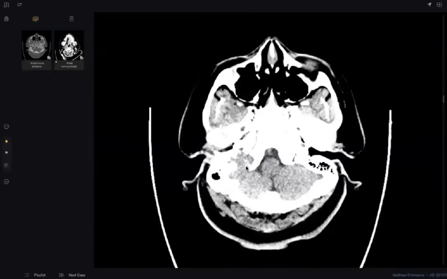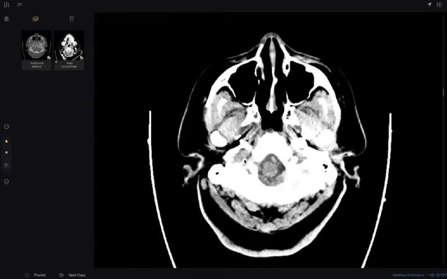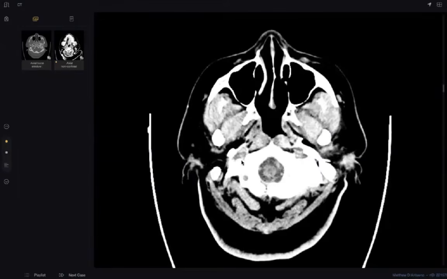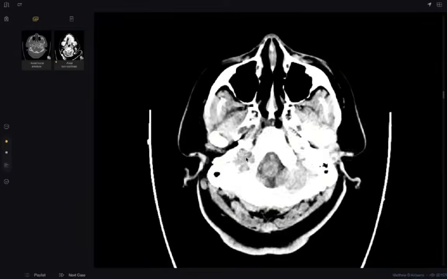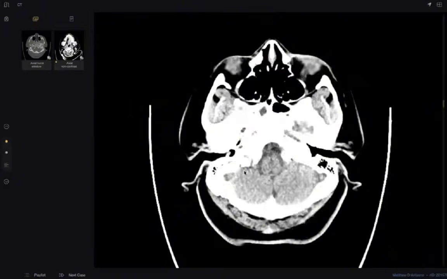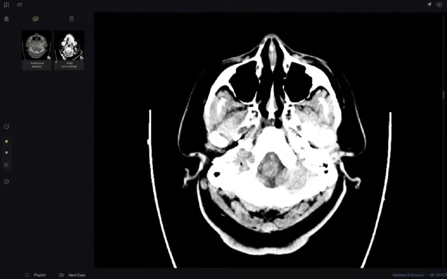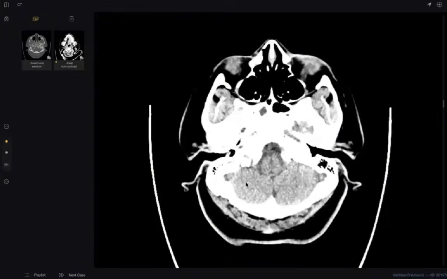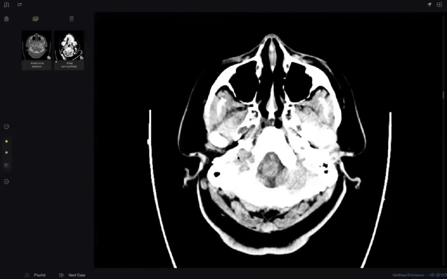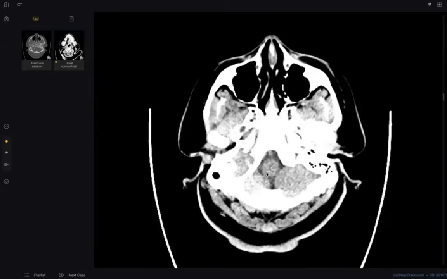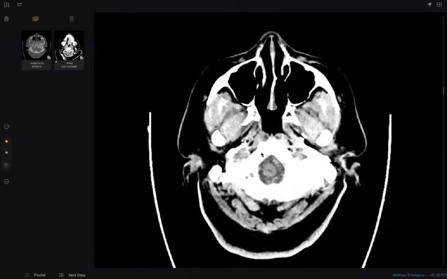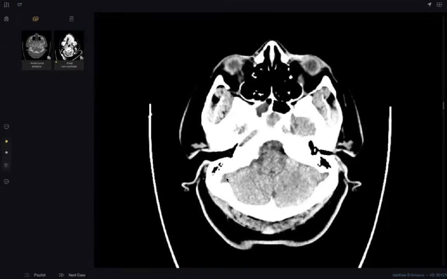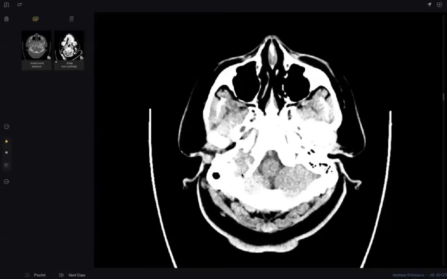I can see there is a soft tissue mass lesion lying at the jugular fossa with significant bone destruction. The base of the foramen magnum appears normal, no crowding is seen, and no extension into the inner ear or the middle ear cavity. So I'm thinking of a glomus jugulare tumor.